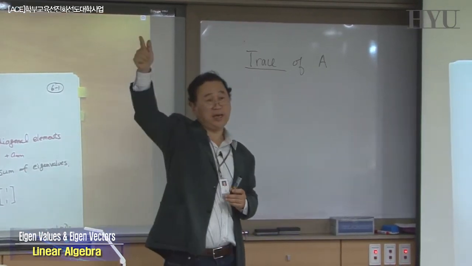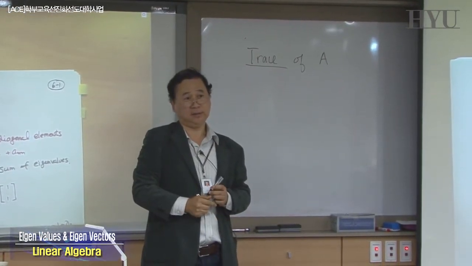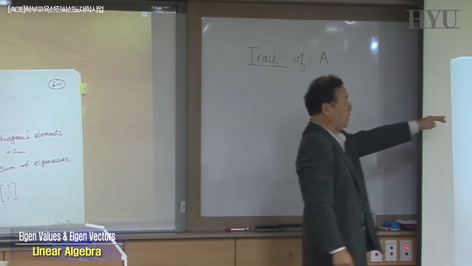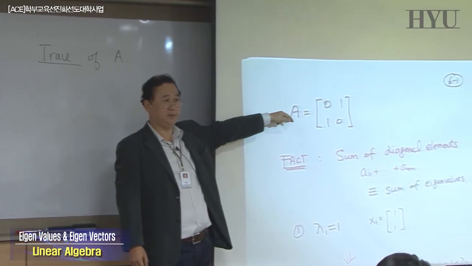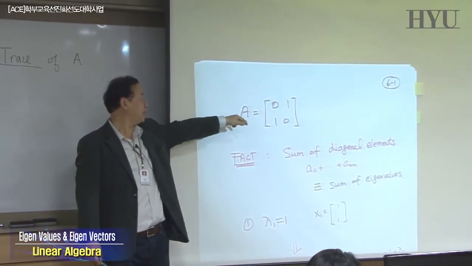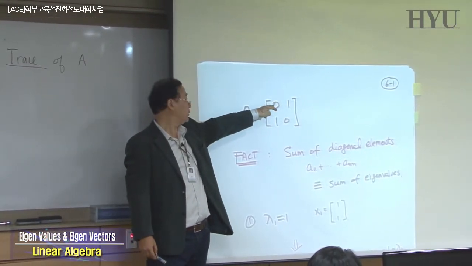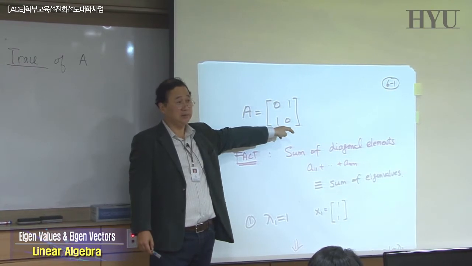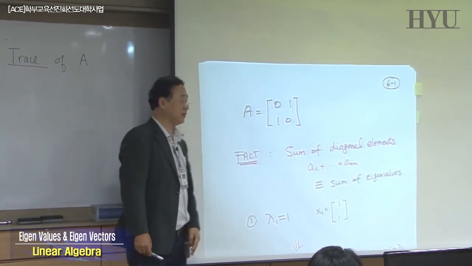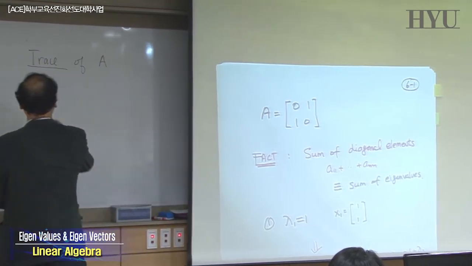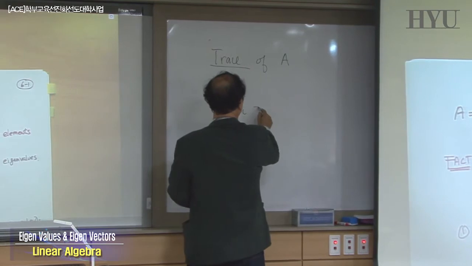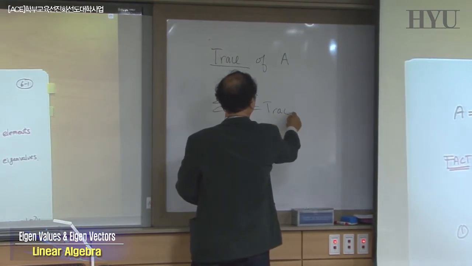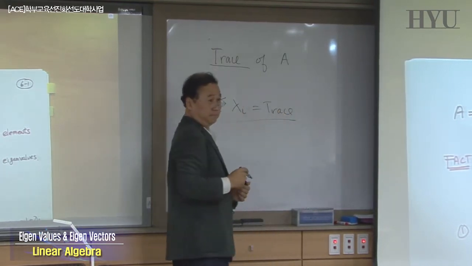Trace is the sum of diagonal entries. So what's the trace of this A? 이영경, what's the trace, the sum of diagonals? 0 plus 0. Okay, that's trace. So sum of lambda i is actually equal to the trace for any matrix.